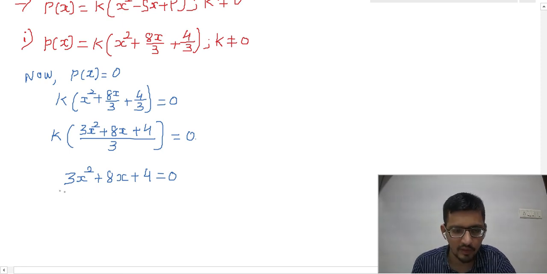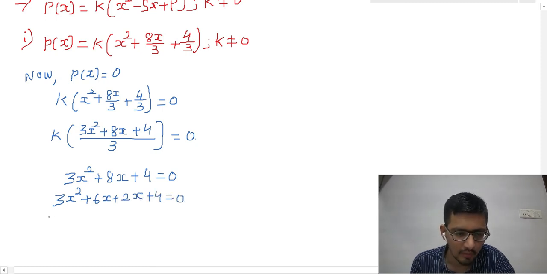Same story. First term coefficient is 3, last term is 4, 3 fours are 12. Sign of last term is plus and coefficient of middle term is 8. The factors of 12 whose addition is 8. So what are those factors? 6 twos are 12, I can do 6 plus 2, answer is 8 and it is positive only. So what can I write, 3x square plus 6x plus 2x plus 4 is equal to 0. What common can I take from the first two terms? 3x common.